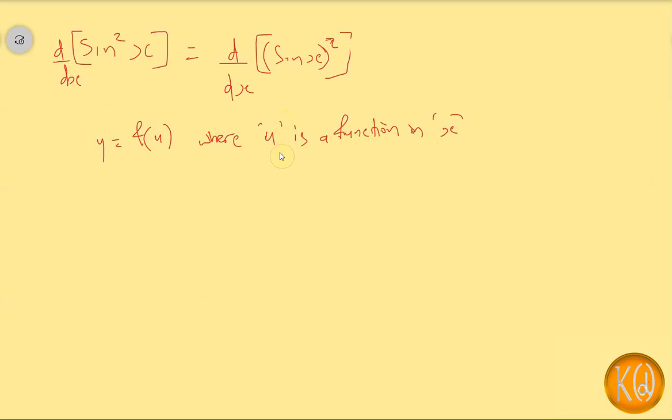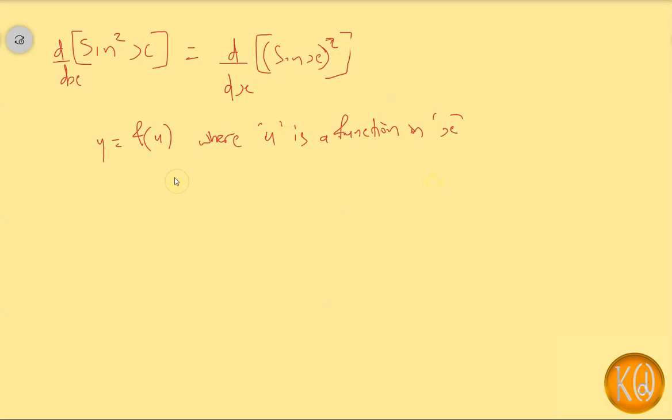Now, u does not have to be in x. I'm just using x for this particular explanation. It could be a function in terms of t, b, c, a, whatever variable is being used.